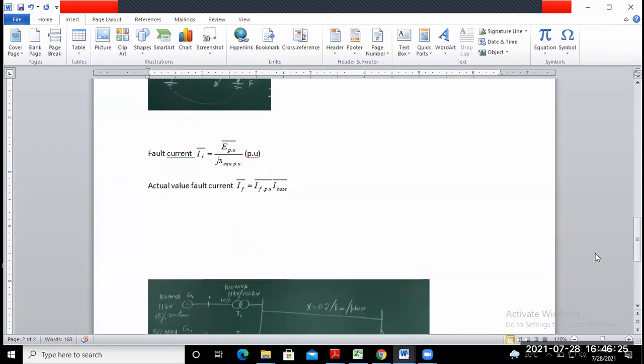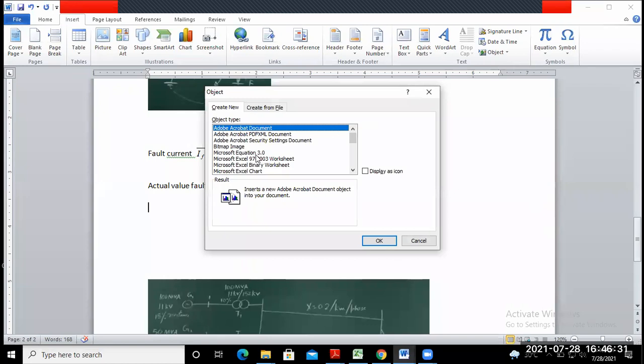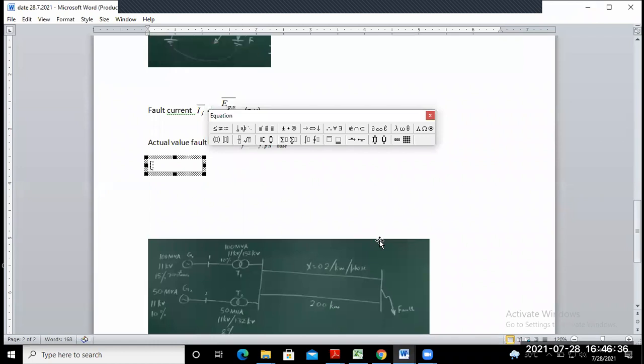So just write here, complex power is equal to √3 V_L I_L, or you may say 3 V_phase I_phase. Complex power in three phase is equal to root 3 into V_L I_L, or root 3 into V_phase I_phase.